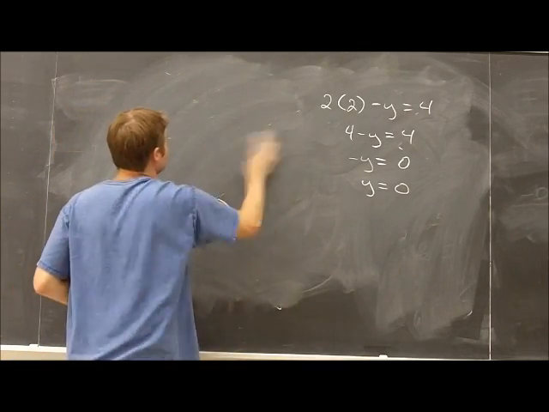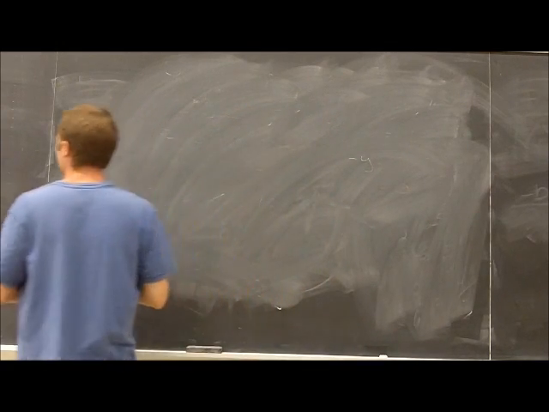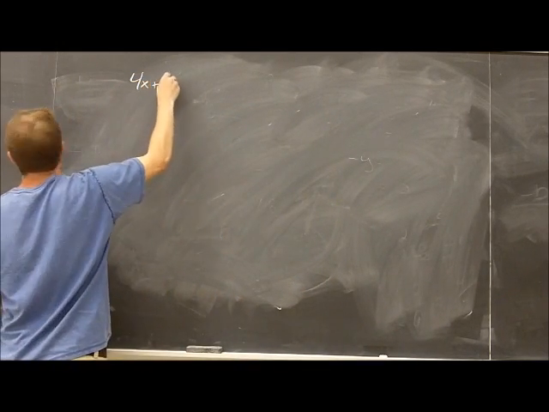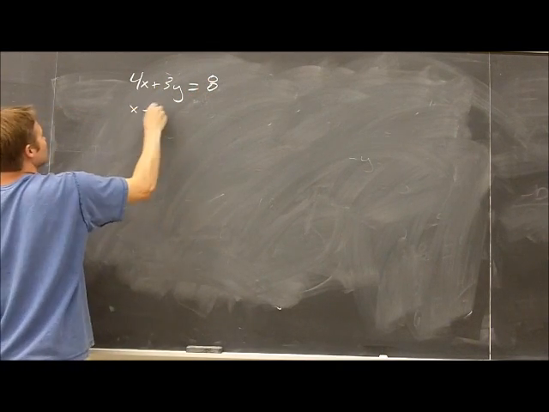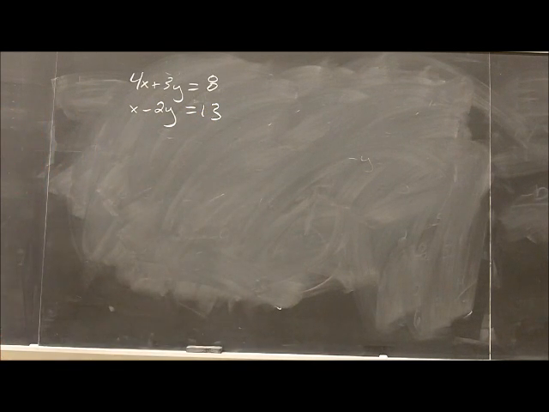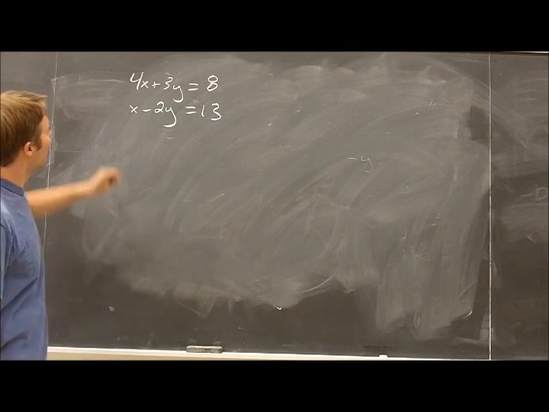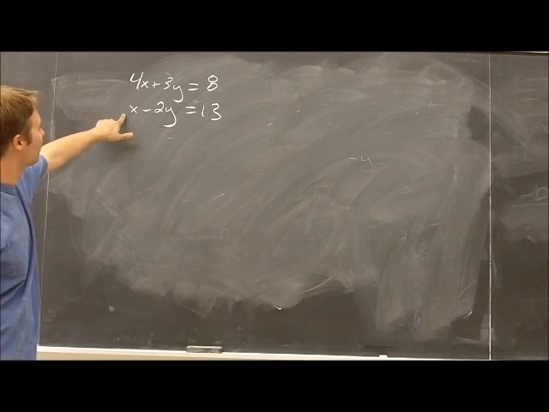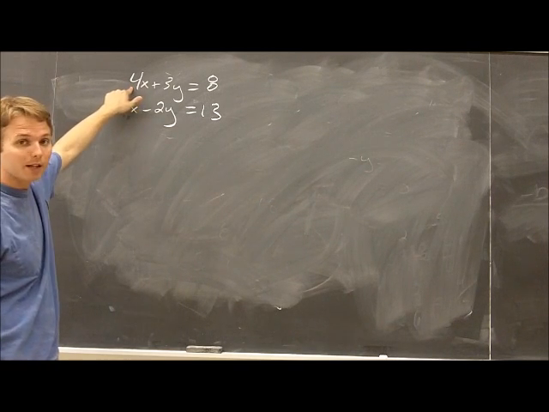All right, let's try another one. So 4x plus 3y is equal to 8, and x minus 2y is equal to 13. I notice that if I multiply this x by a negative 4, it will cancel out with this positive 4.